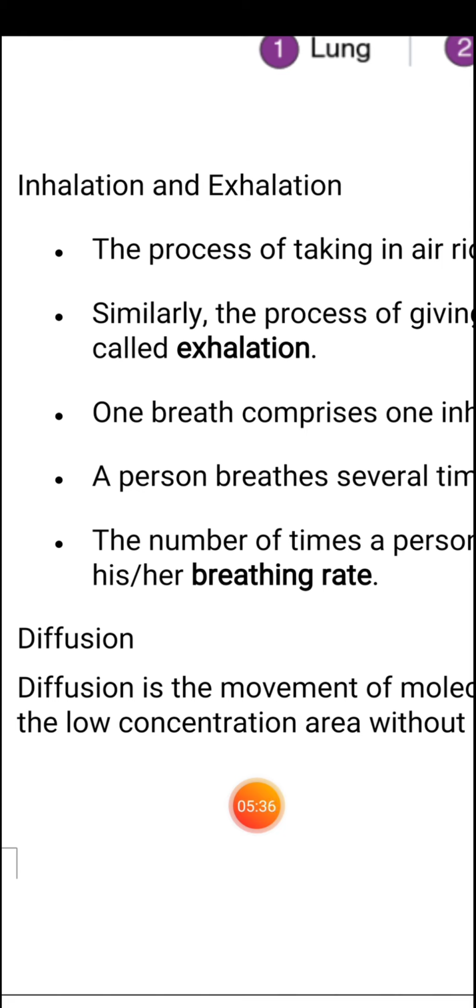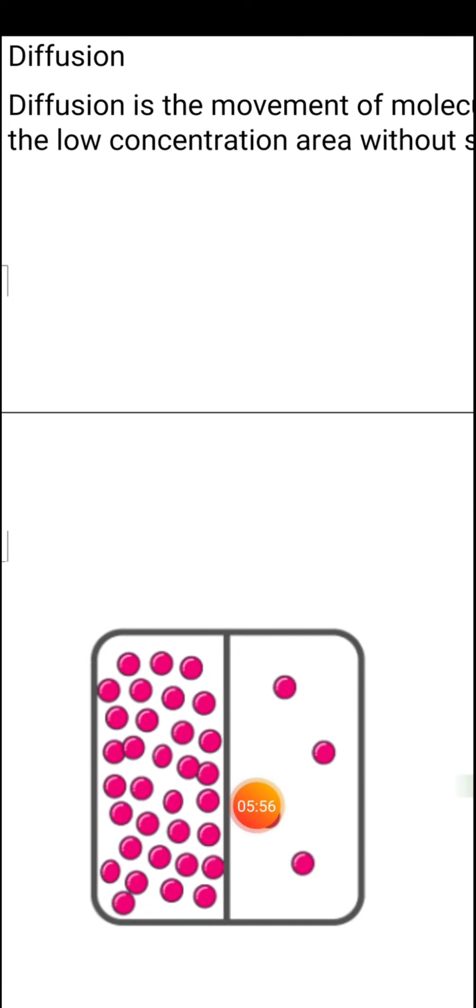That means how the gas, that means oxygen or carbon dioxide, which was taken in through inhalation and exhalation, is given to the blood. The process the body uses is diffusion. Diffusion means it depends upon the principle of gradient.